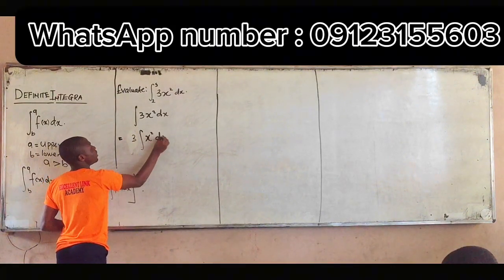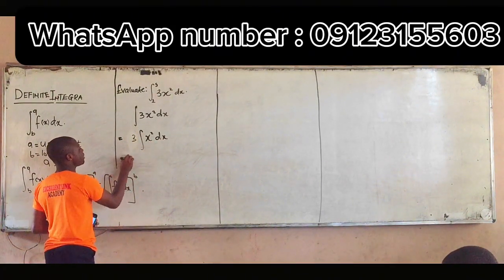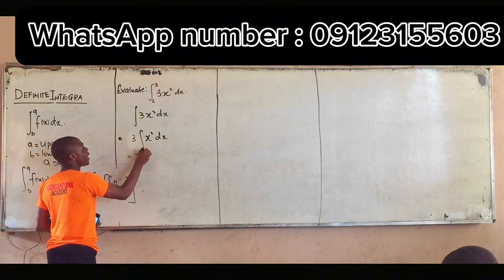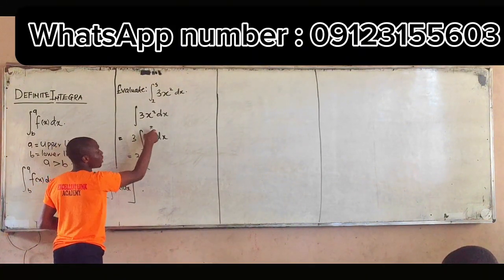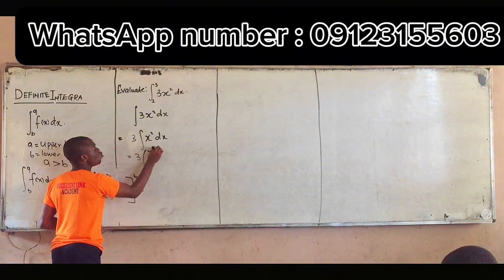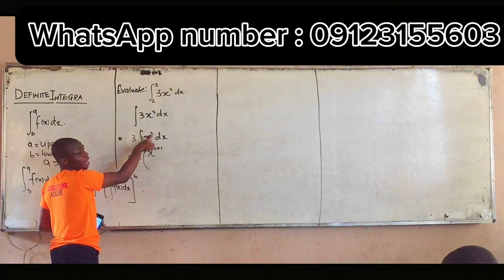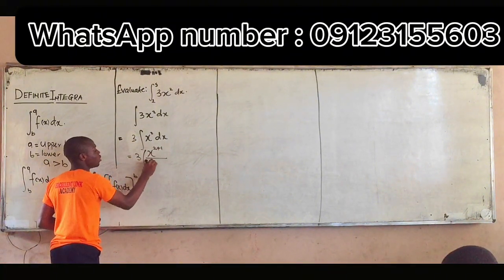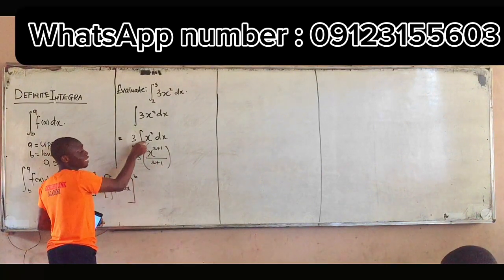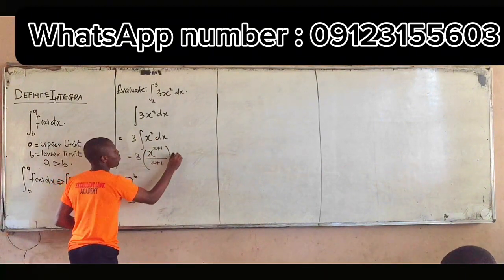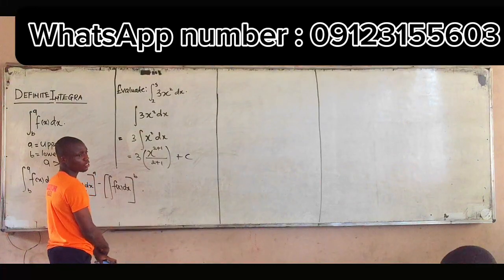x squared dx, right? So if I integrate x squared, I'll have x to the power 2 plus 1, add 1 to the power, all over 2 plus 1, plus c.